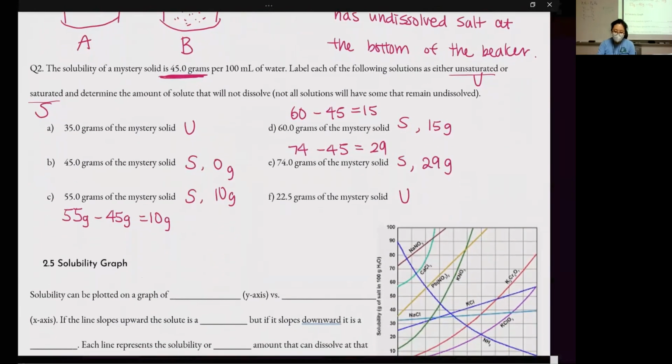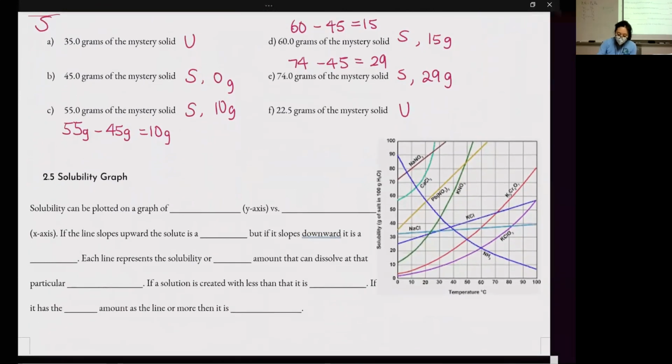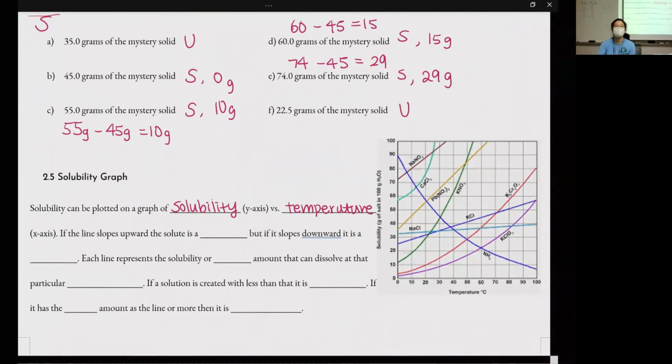All right, next one is a solubility graph. Okay, solubility graph can be plotted by solubility on the y-axis and temperature on the x-axis.